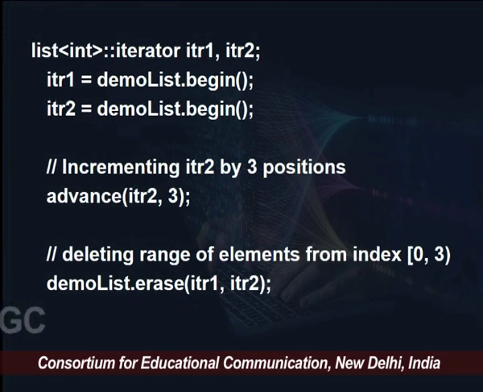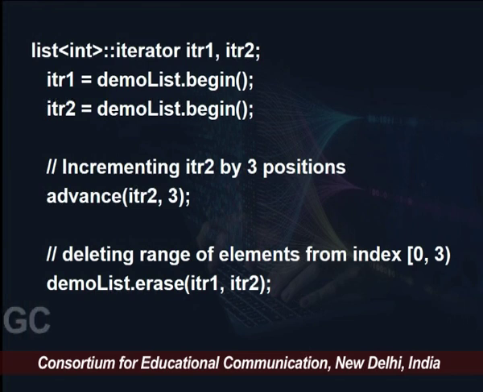Now, here we are going to play around with the help of the advance function. We will be playing around with iterators, and then we will delete some elements. So, in order to have a complete look, let us see. Here we have taken 2 iterators, one is itr1, another one is itr2, and both of these are of type integer list. itr1 is demo list dot begin, so that means we have set the position of itr1 at the beginning of the demo list.